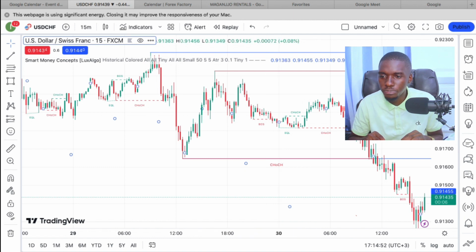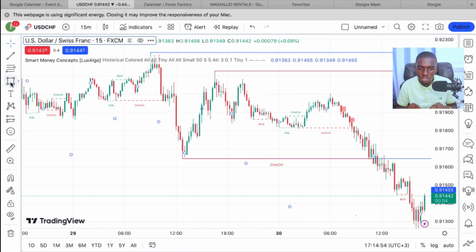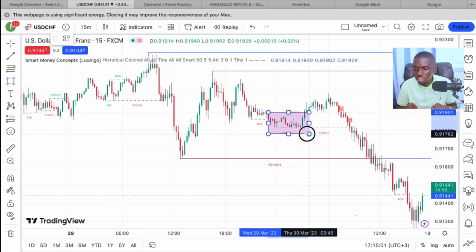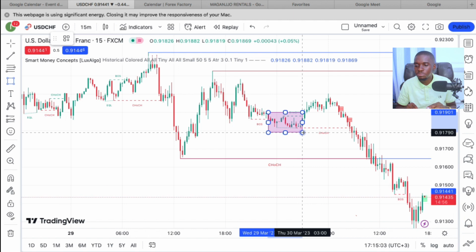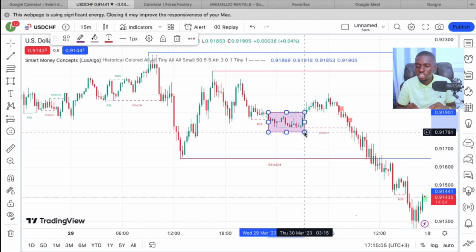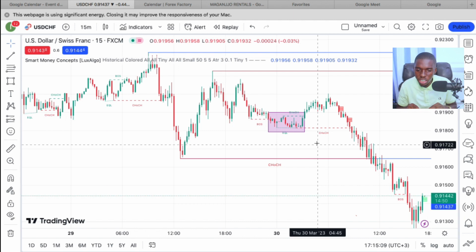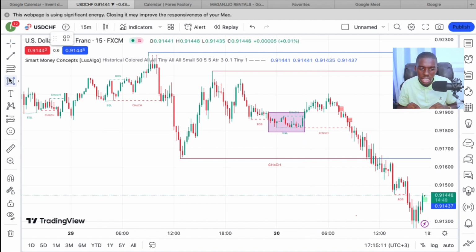So when we come here, you realize that along this particular point is where we experienced the accumulation. That particular point, that's where our accumulation is. Then the next point becomes the manipulation.